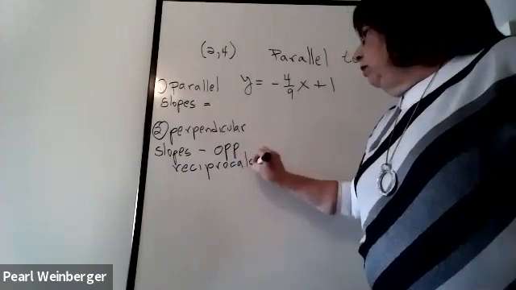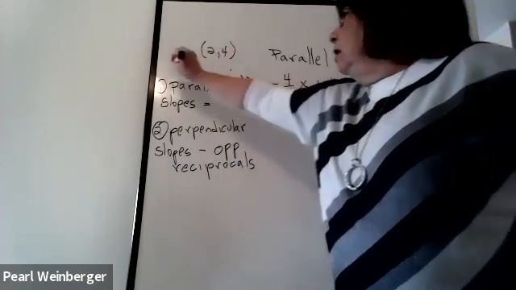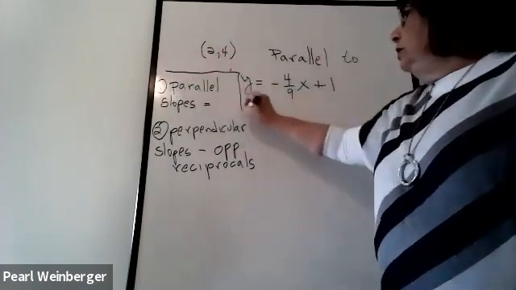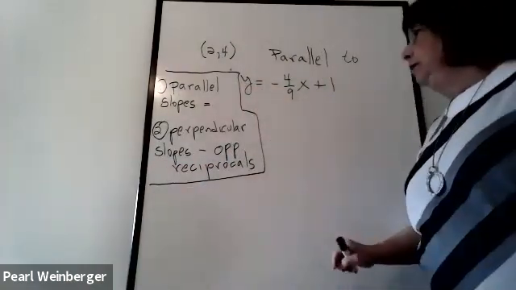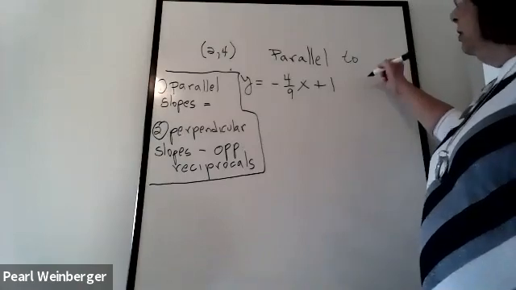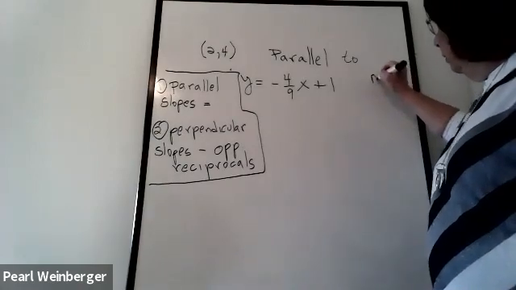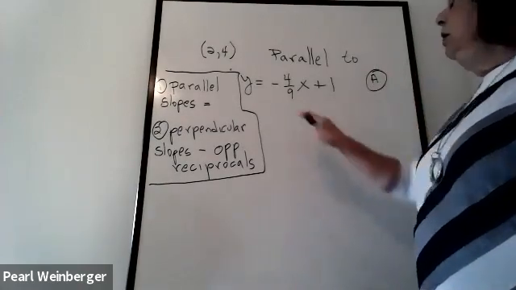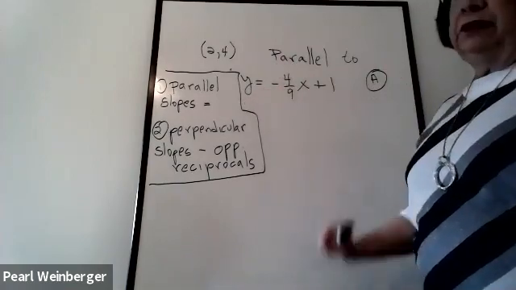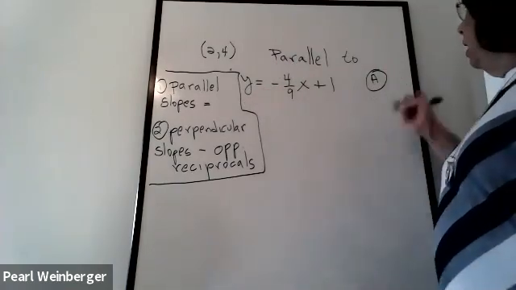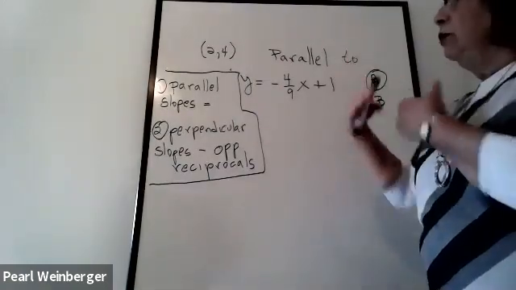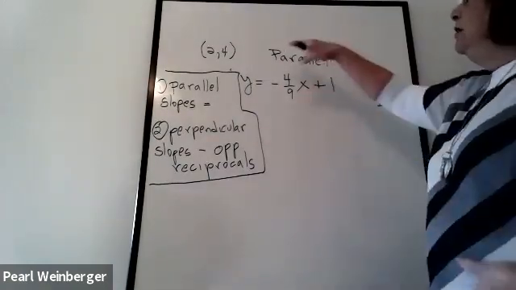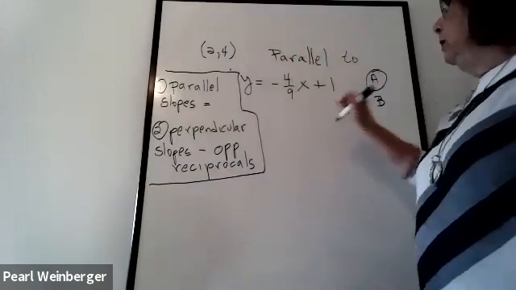And when we want to write the equation of a line, the first thing we're interested in finding is its slope. Let's call this line number A. Number A is the line that they gave us the equation of. Line number B is the line that I want to write the equation of that's in this description.